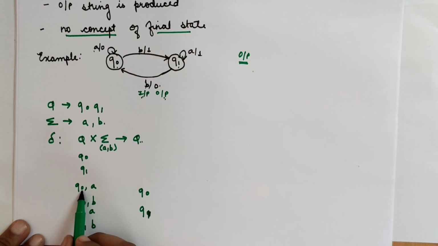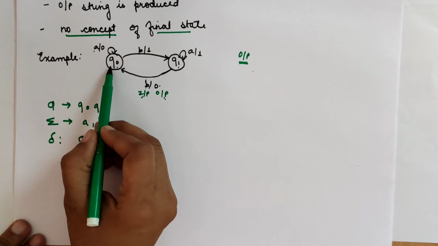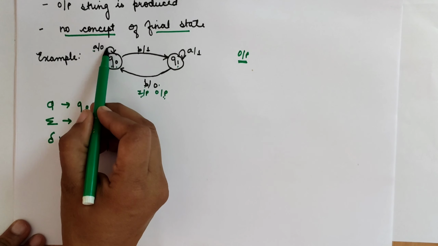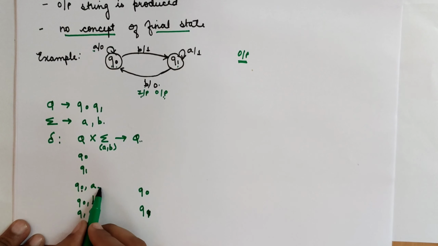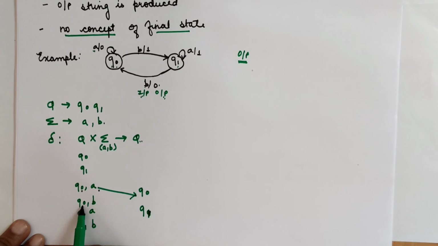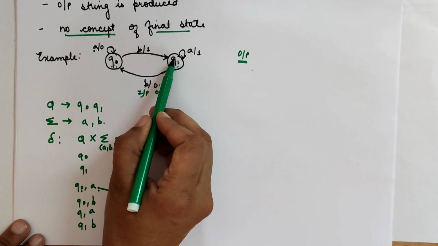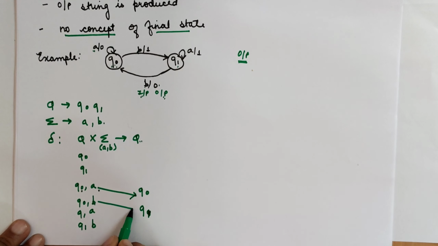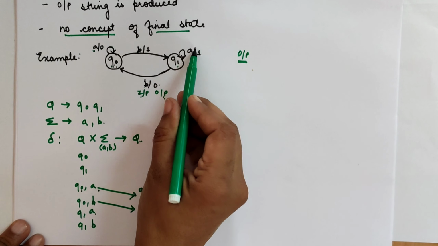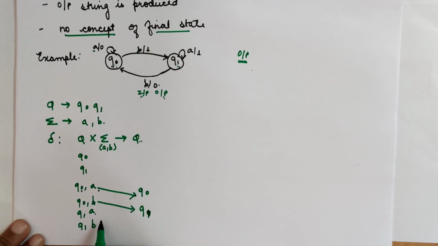So Q0 on input A is going to Q0 only. So we'll mark the arrow here. Now Q0 on input B is going to Q1. So we'll mark the arrow here. Now Q1 on input A is going to Q1 only.